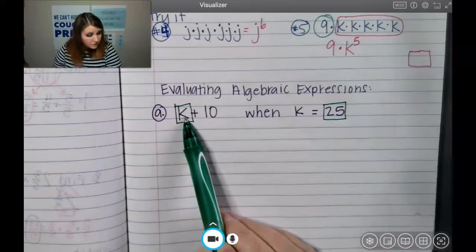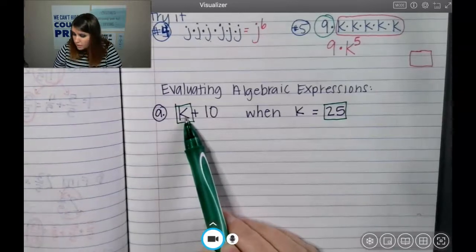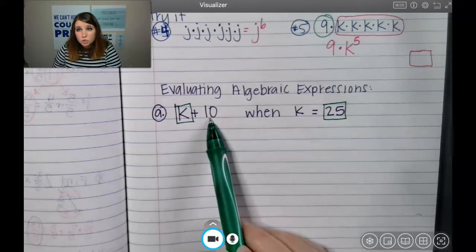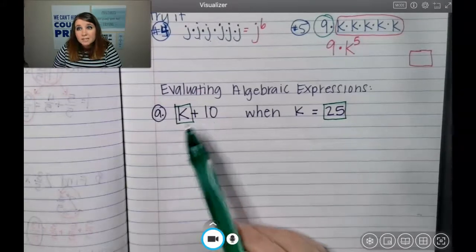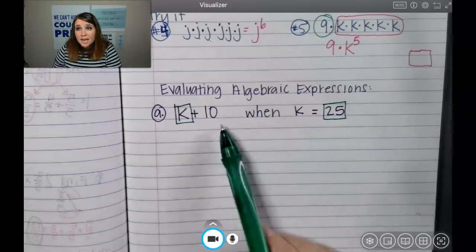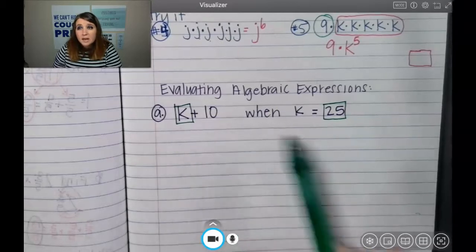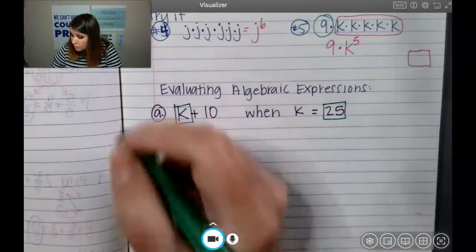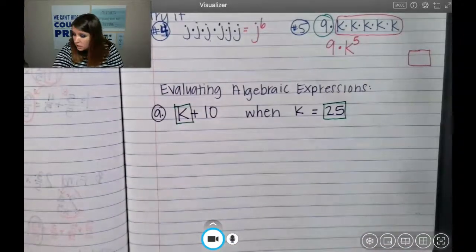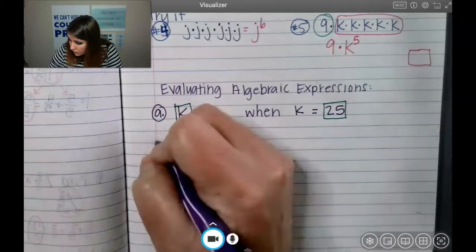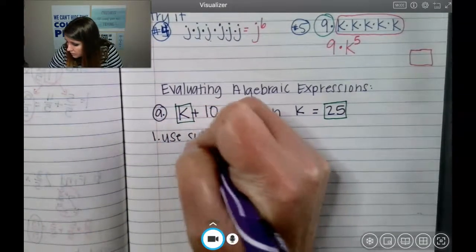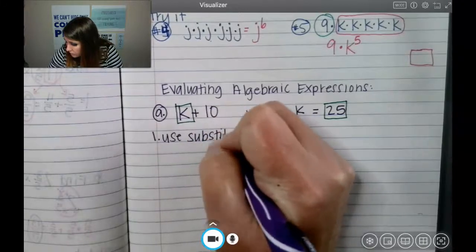So instead of saying k plus 10, we're going to use substitution. Substitution means that this k is holding the place of this 25, this value. So step 1 is I'm going to use substitution.